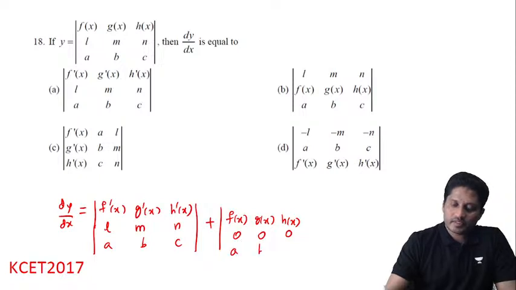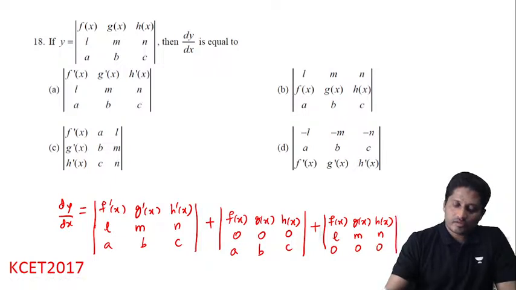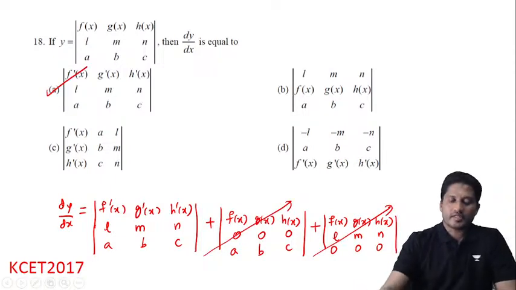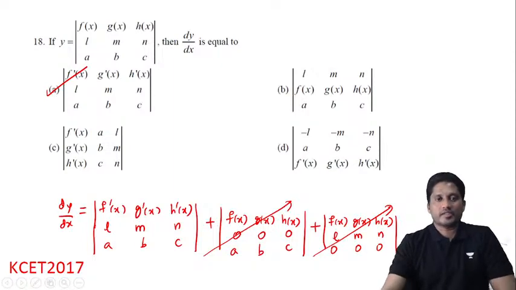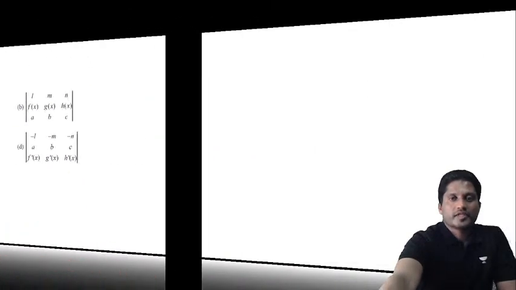Then plus the determinant with f of x, g of x, h of x, l, m, n, and differentiating the third row, you get 0, 0, 0. A row of all zeros means the determinant is 0. So you get the first option only: f dash, g dash, h dash, l, m, n, a, b, c. Let's move to the next question.